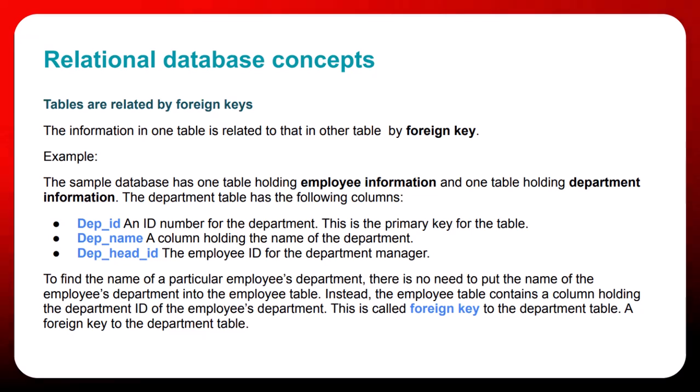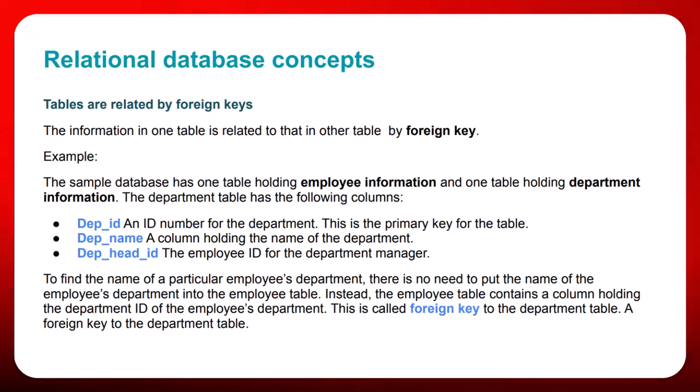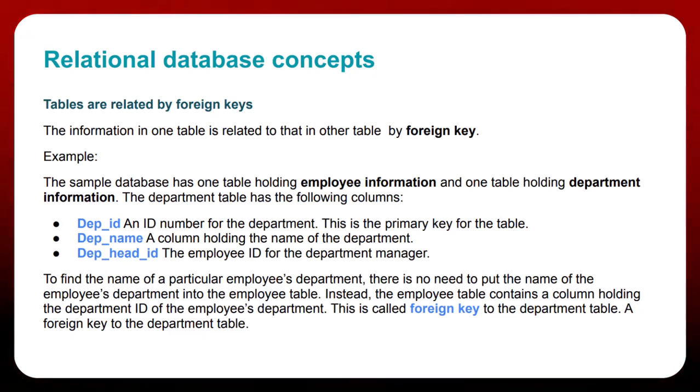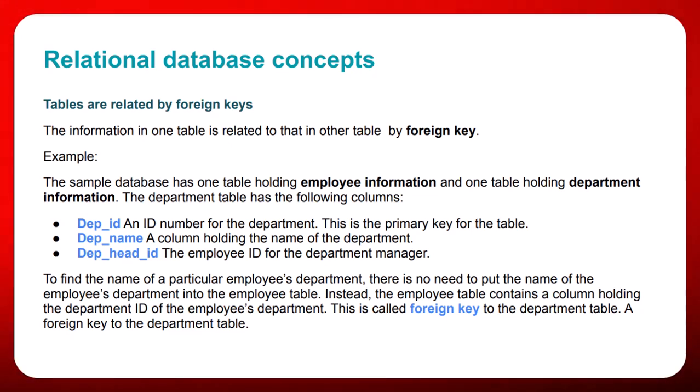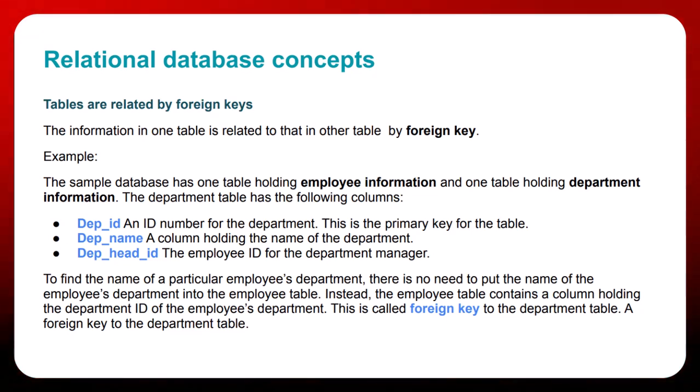The department table has the following: department ID, an ID number for the department. This is the primary key for the table. Then the department name, a column holding the name of the department, and then the department head ID, the employee ID for the department manager.